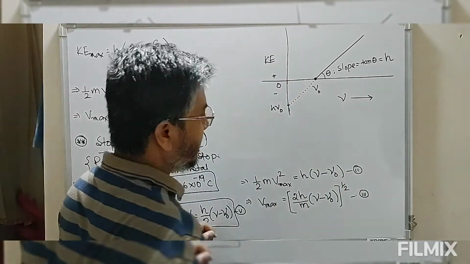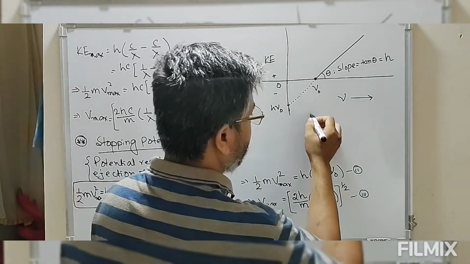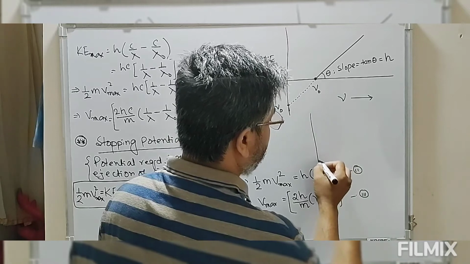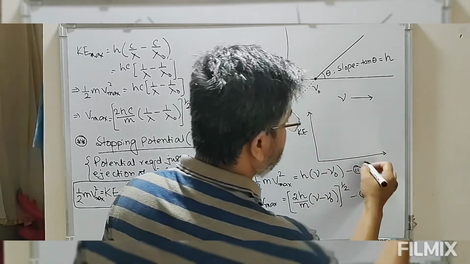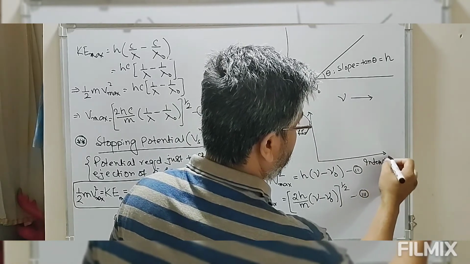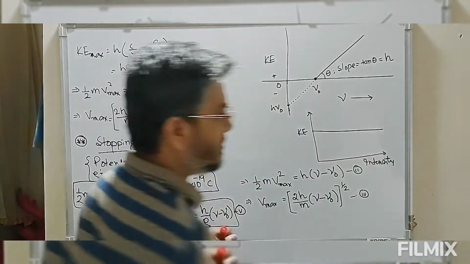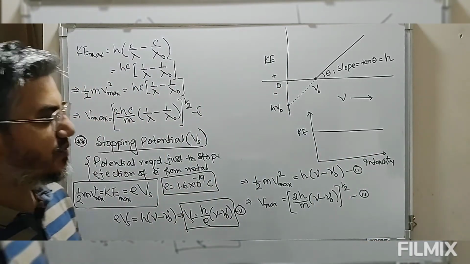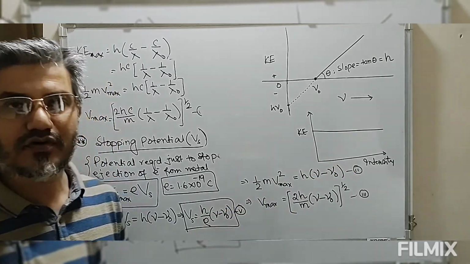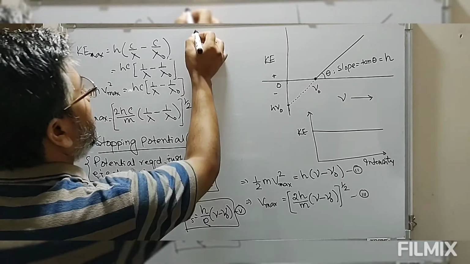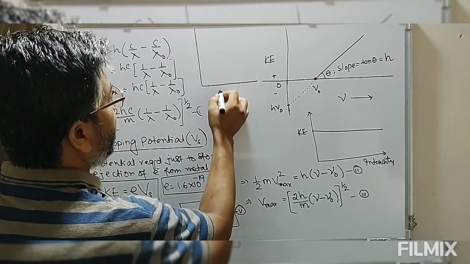So this kinetic energy has nothing to do with the intensity of light. Suppose we have this: this is kinetic energy of ejected electron, this is intensity of photon. Then this value is always constant, because we already said kinetic energy depends only on the frequency of incident photon, not on the intensity. But on the other hand, we have number of photoelectrons ejected.